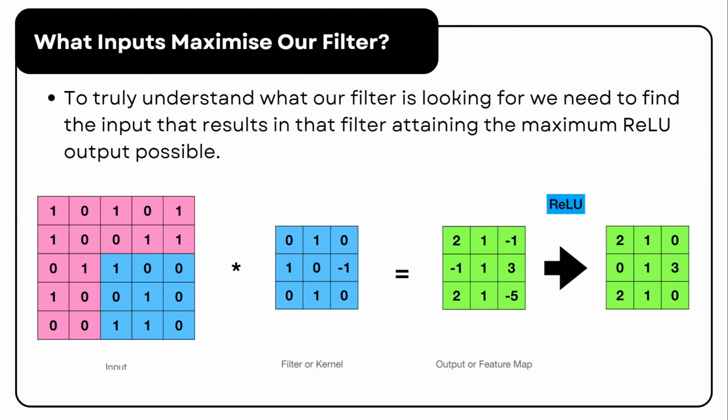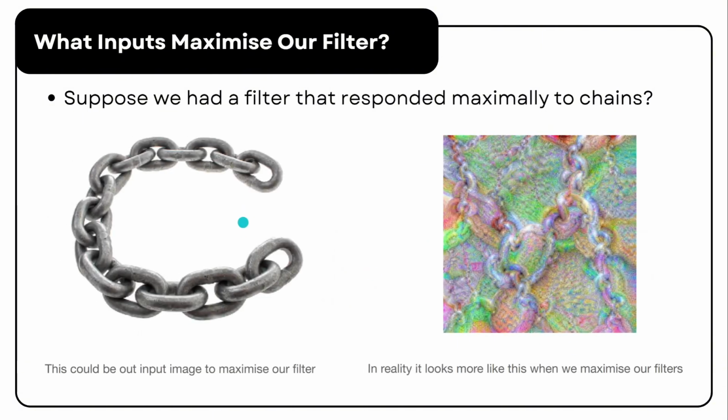Essentially, we are asking what does this filter like the most? And figuring that out is a bit tricky, but it's a powerful way to interpret what features the filter is responding to. So let's take a look at how this actually works.